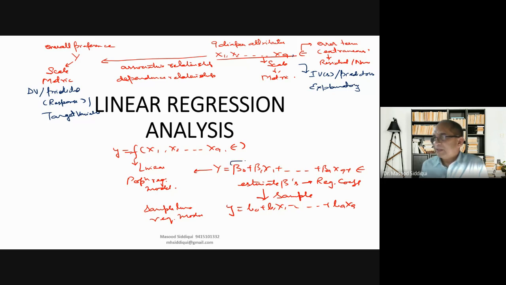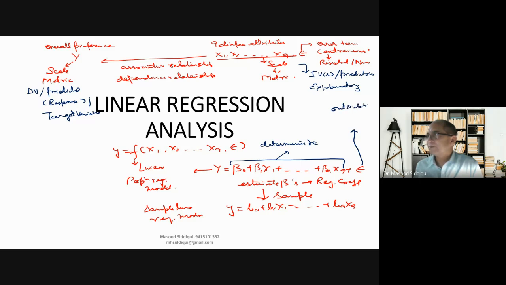Here, the b's are being estimated from the sample, so this part is known as deterministic. But this epsilon is outside the model, so it cannot be estimated.